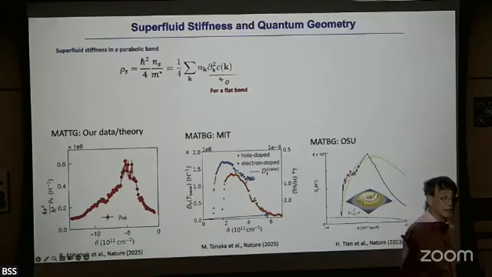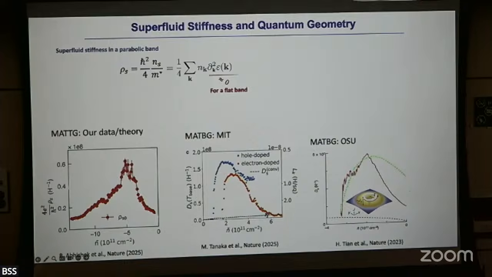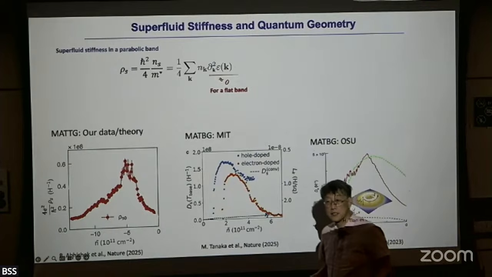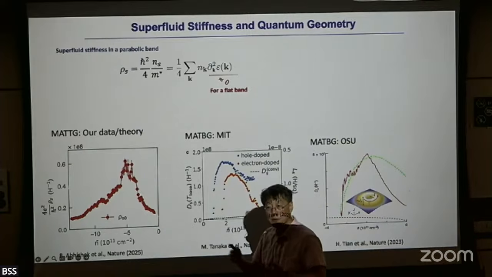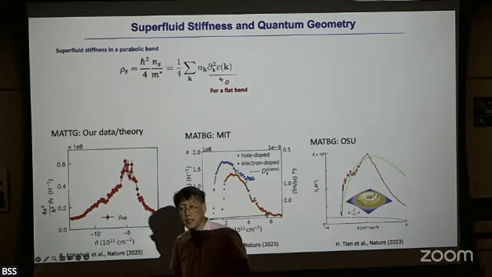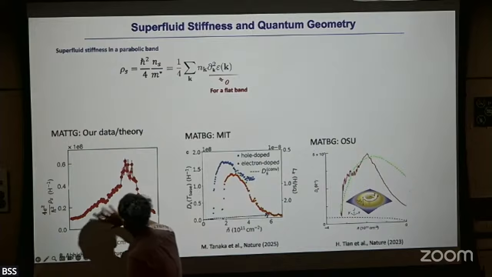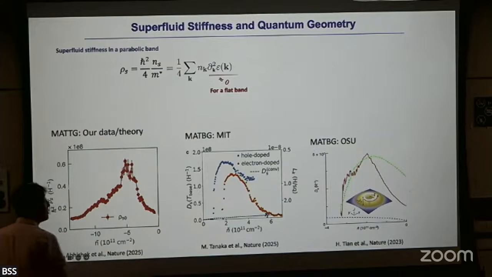So what we are seeing here is that it is larger than the flat band expectation. In some sense, that agrees with what I briefly mentioned: if this superconductivity is coming from a topological origin, using quantum geometry, there is a lower bound on the superfluid stiffness. Maybe that is related to the largeness of the value.